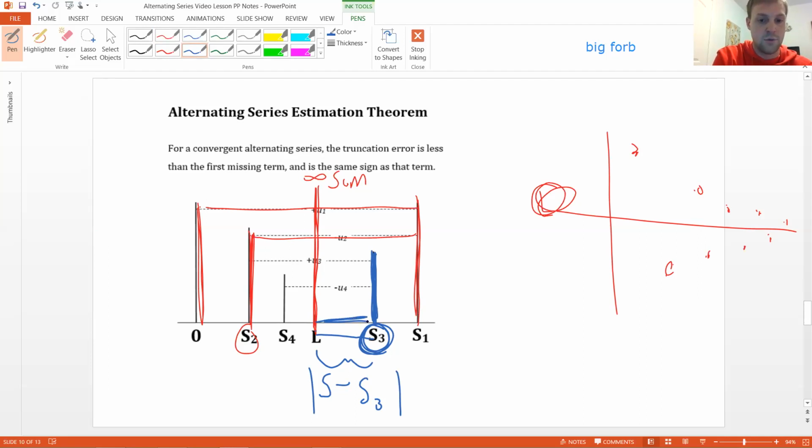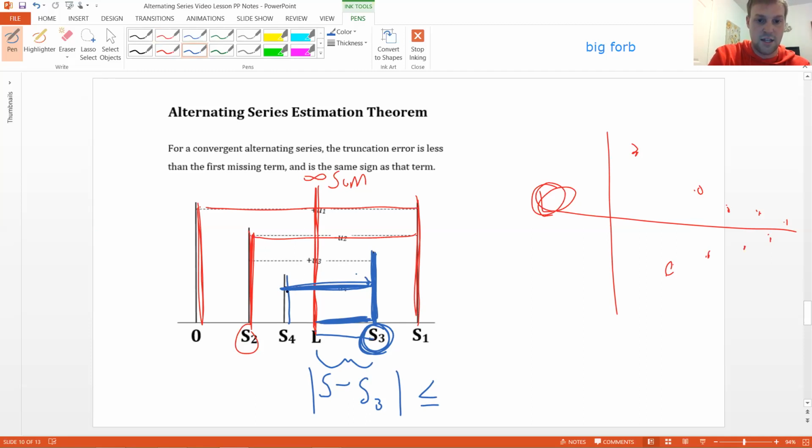Now, that value, if you notice, is less than or equal to the value of my next term. Do you see how this line is greater than this line right here? It's because the next term is going to take me to the sum of 4. It's going to be a bigger value than my remainder, so I'm on the other side of the limit.